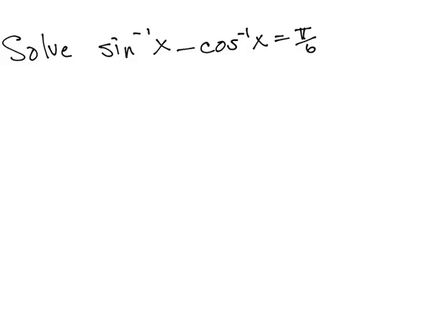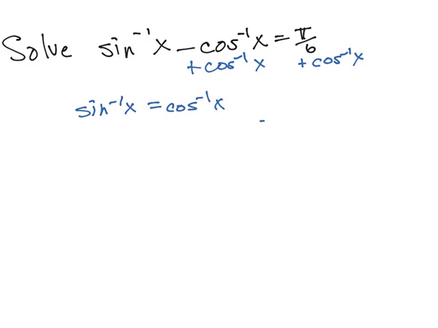So the first thing we want to do is isolate a trig function, and I want things to be positive. So I'm going to add the inverse cosine of x to both sides. That gives me inverse sine of x equals inverse cosine of x plus pi over 6.